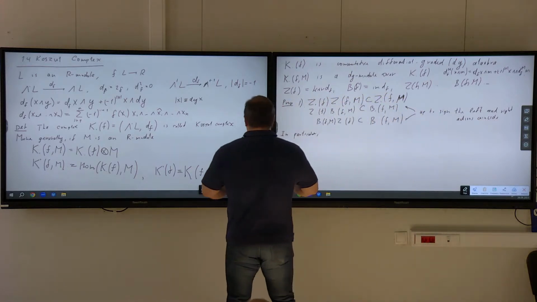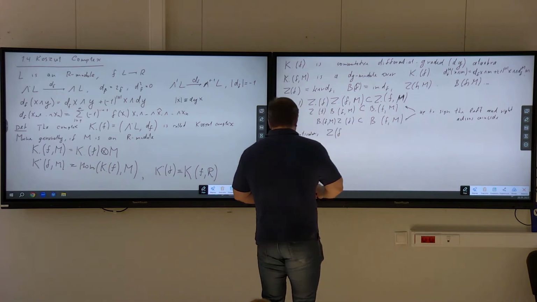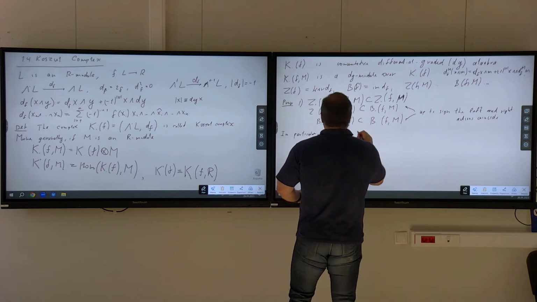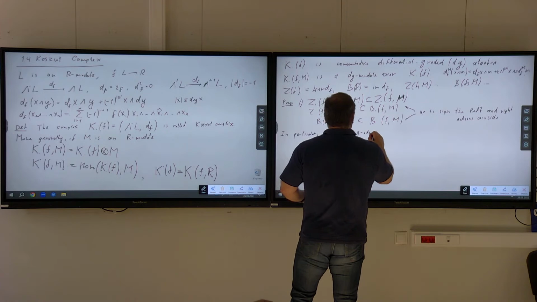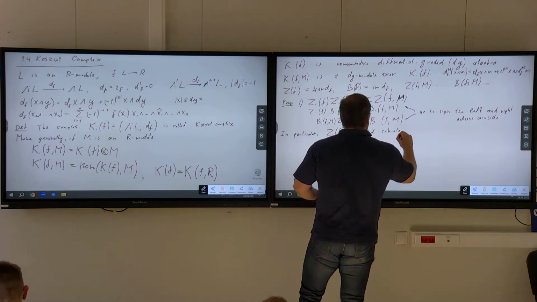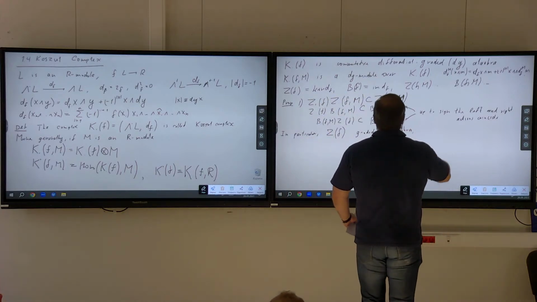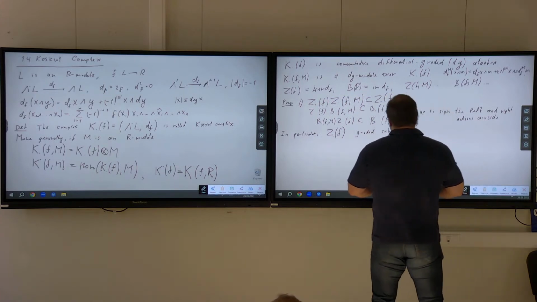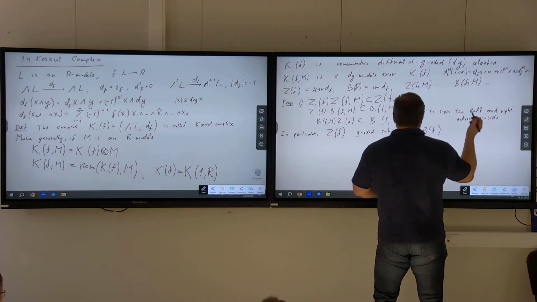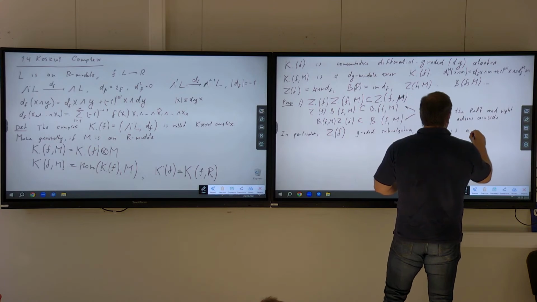So in particular, I can say that the cycles form a graded subalgebra. And the boundaries, looking at the last derivations, this is a two-sided ideal. But again, this is a supercommutative situation, so I can say this is an ideal.